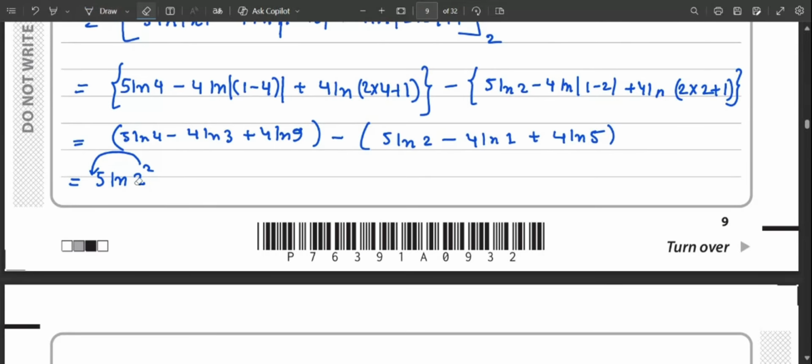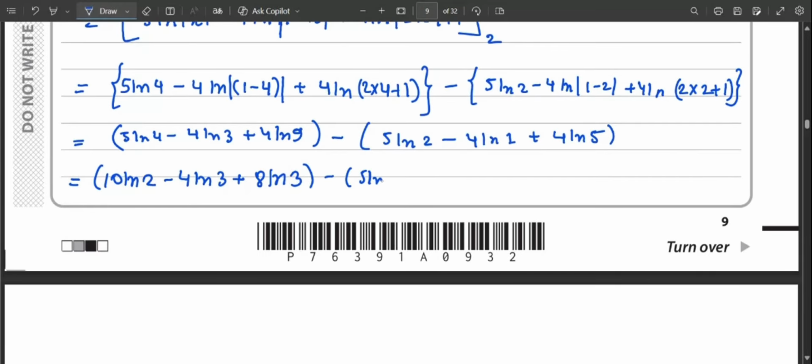Due to our rules of logarithm, I can bring the 2 before the ln. So 5 ln 4 can be written as 10 ln 2, minus 4 ln 3, and again we can write 4 ln 9 as 4 ln 3 squared, and we can bring the 2 before the ln. So 4 times 2 is 8, we have 8 ln 3.